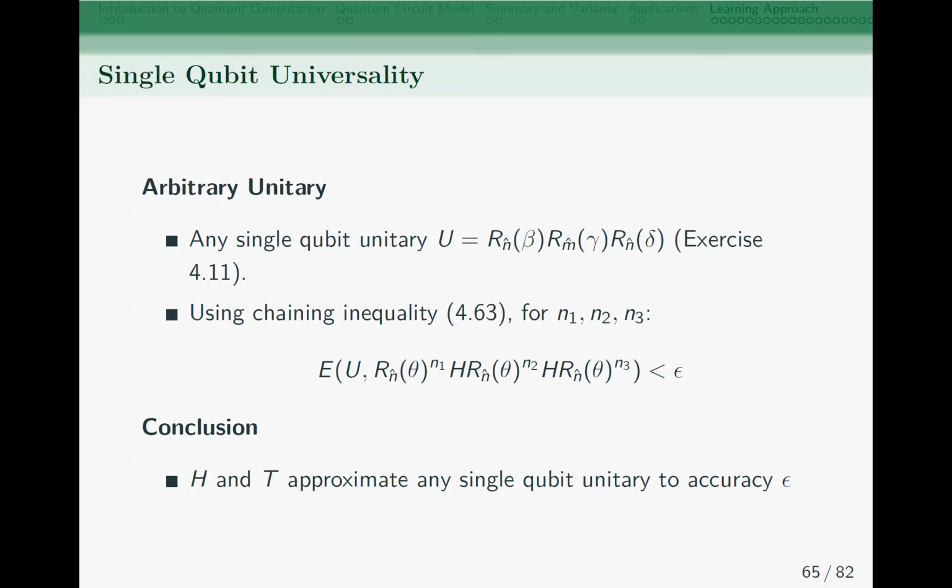And you combine the three of them, and you can prove that the difference in Euclidean norm is less than epsilon. So the conclusion, which I skip, is that Hadamard and T can approximate any single-qubit unitary to arbitrary precision.